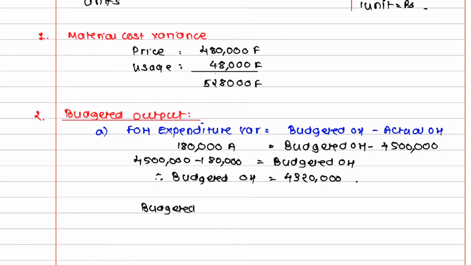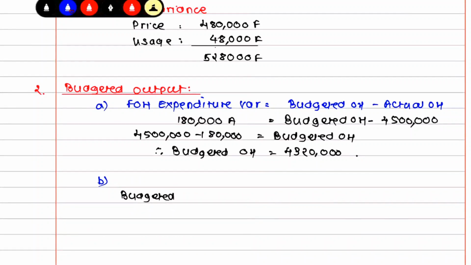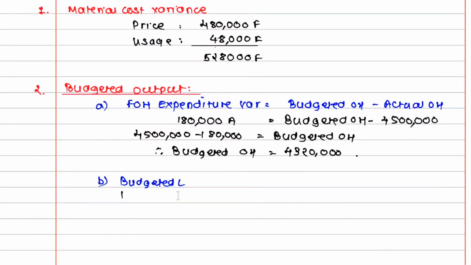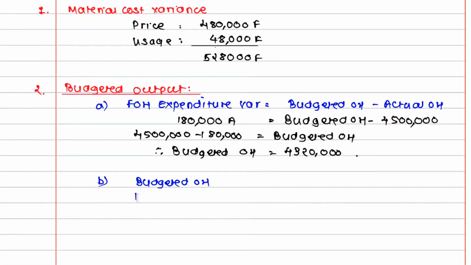Budgeted, now I am going to go for the B part where I will calculate budgeted labor cost. So let's not write the heading, I can directly show you those calculations. The formula will be budgeted overheads upon budgeted which cost?